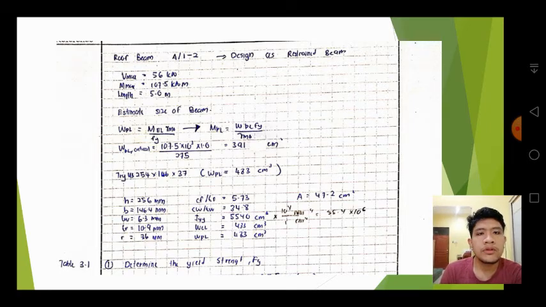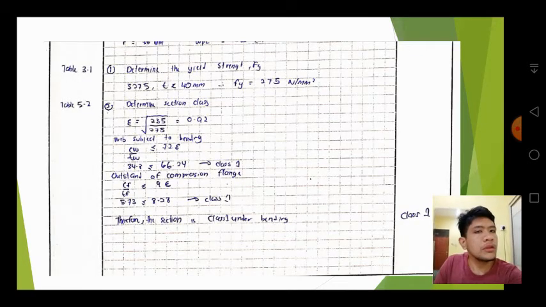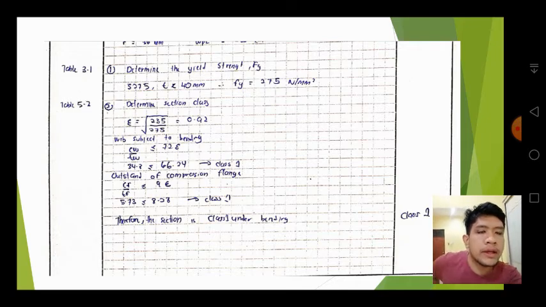And then we continue to estimate the size of the beam, WPL critical, and we try 254 x 146 x 37. For the grade strength FY, we need to refer to table 3.1 and determine the yield strength S275 and the section classification.